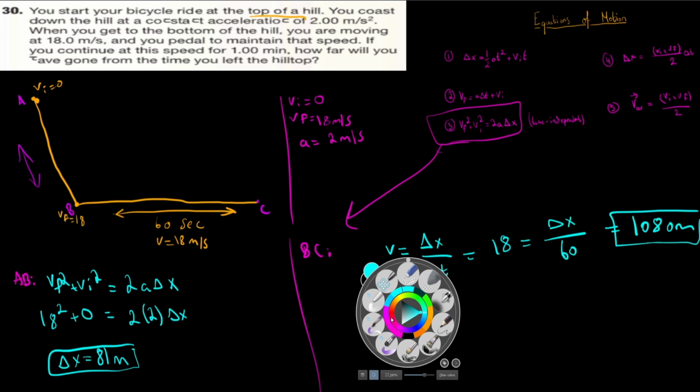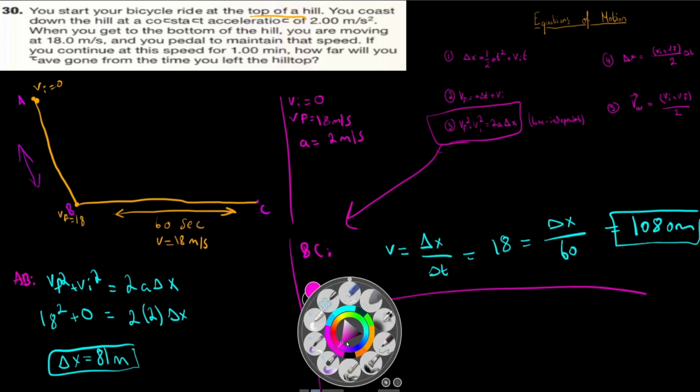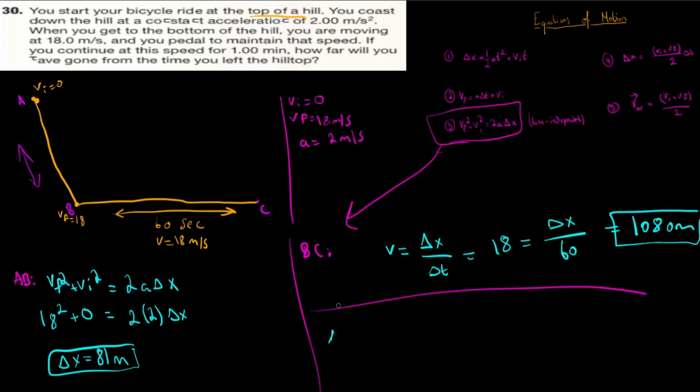But we're not done yet. We need to add them. So delta x total is equal to delta x 1 plus delta x 2. In this case, it's 81 plus 1080, which is equal to 1161 meters. So this is our total displacement.